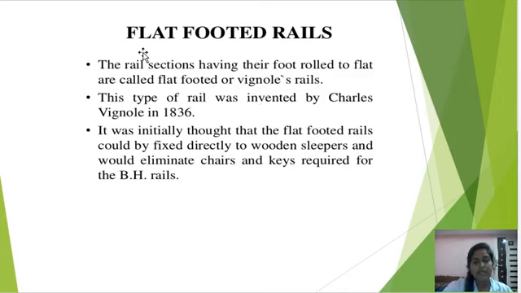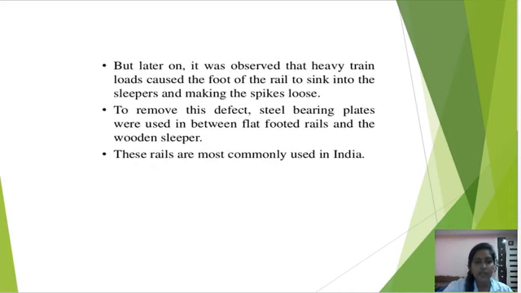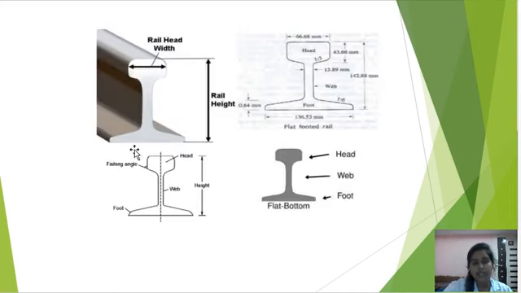While fixing bull-headed rails, we use the chairs and keys. Already I showed you the wooden keys and chairs. By using these, we fix the bull-headed rails and double-headed rails. But for fitting flat-footed rails, we do not require any wooden keys or chairs.